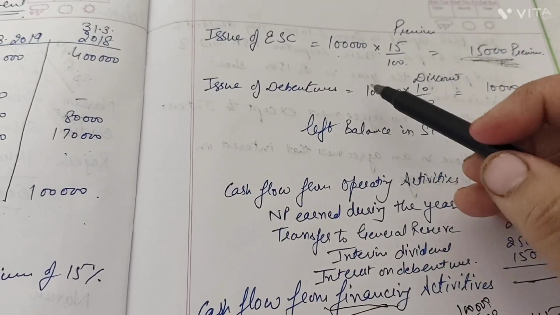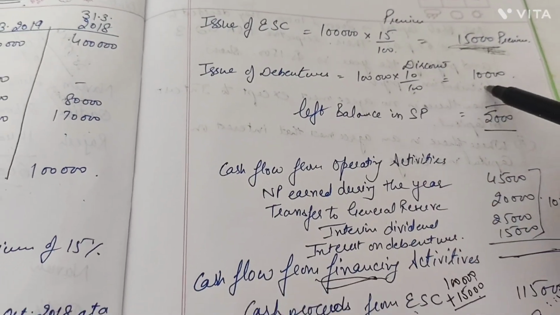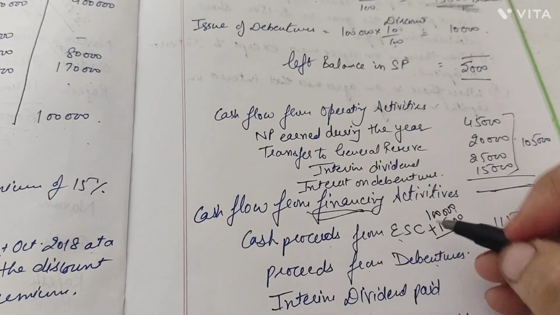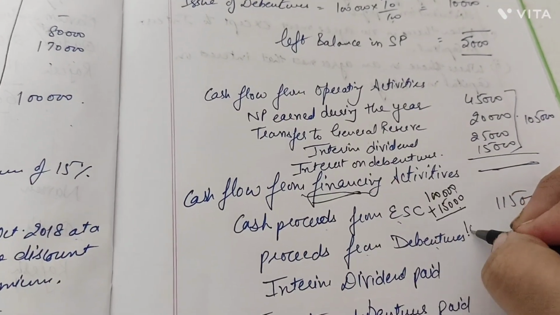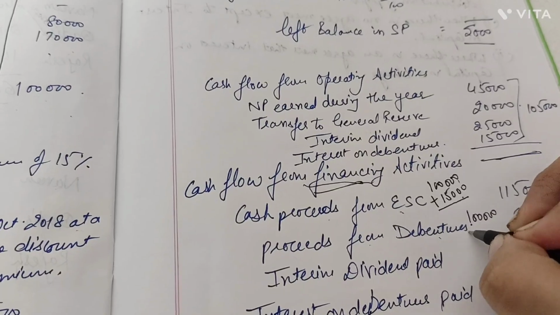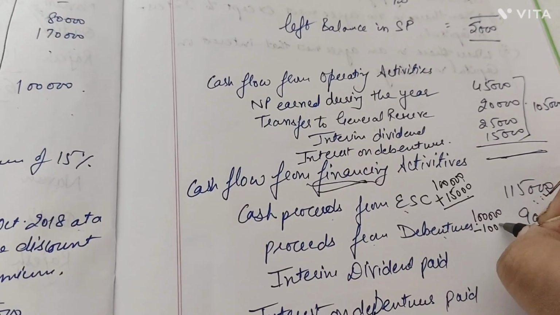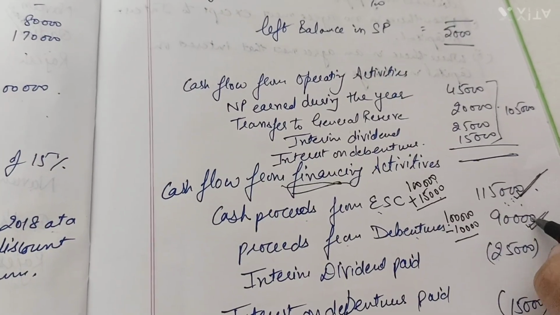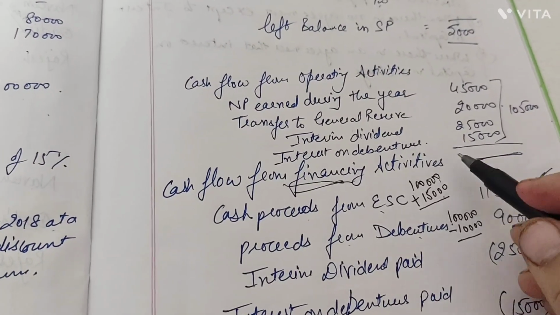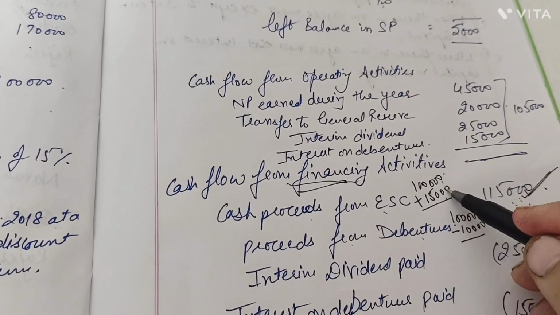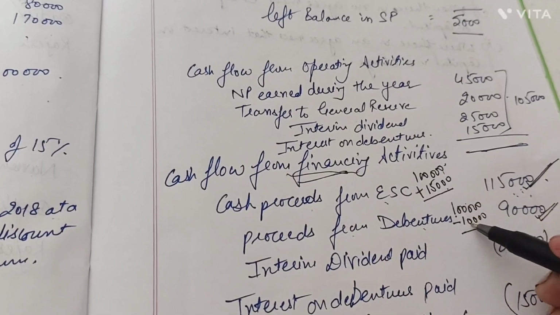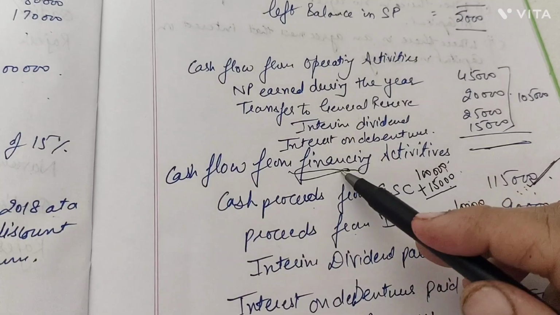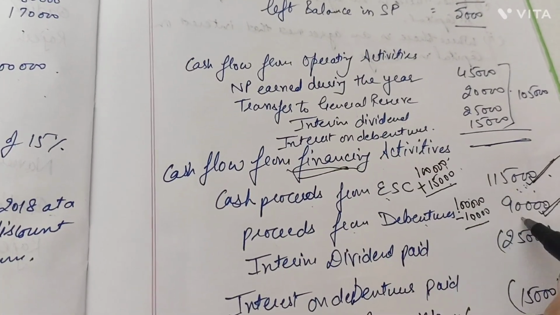So what are the proceeds from the issue of the debentures? 1 lakh of debentures were issued but at a discount of 10,000. So how much money did we receive? Actually rupees 90,000. Equity share capital was issued at a premium but debentures were issued at a discount. So the premium is added but the discount is deducted to calculate cash flow from financing activities.